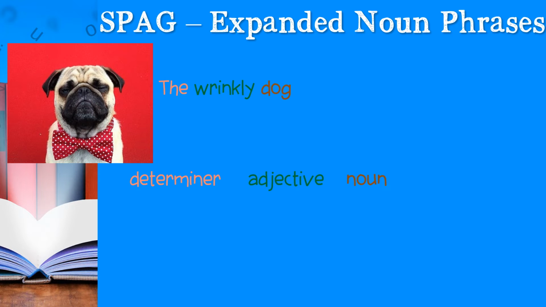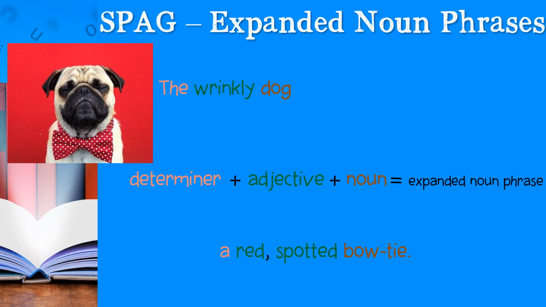This is now a noun phrase because it is a collection of words, not a full clause, so it doesn't need a subject and a verb. This is just a phrase, sorry, I'm getting all jumbled up, that is describing the noun of the dog, so the wrinkly dog. When we have these all together, it creates an expanded noun phrase.